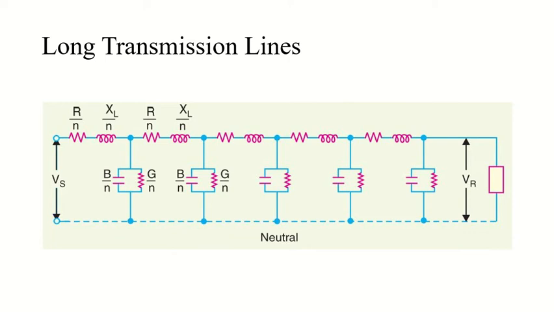For all these types of representations and lines, we have derived the ABCD parameters, which are also known as generalized constants for your transmission line. That's what we have done in this lecture series up until now.